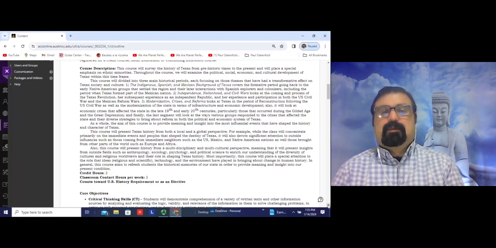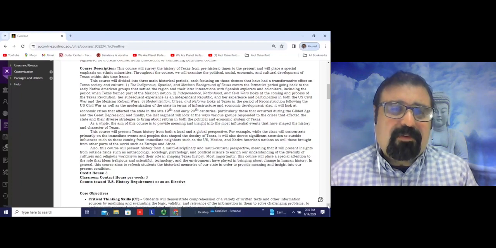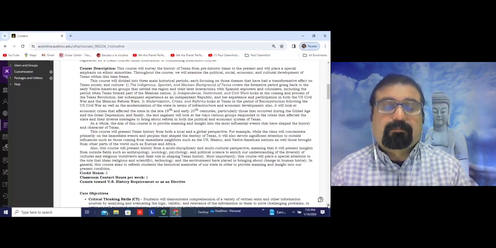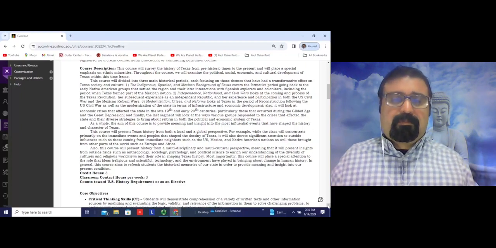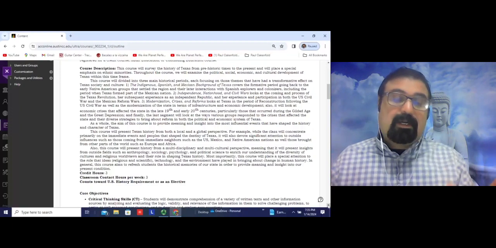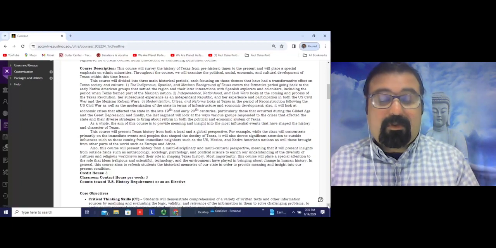And eventually, by 1845, Texas joins the American Union. It joins the Union as a result of efforts by many of the residents of Texas to be part of the United States.